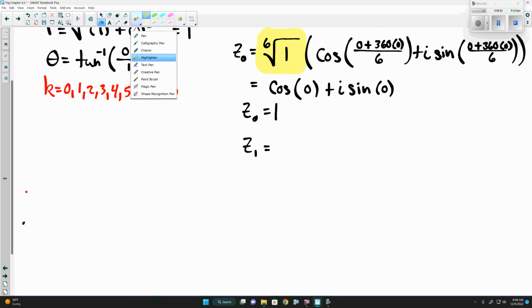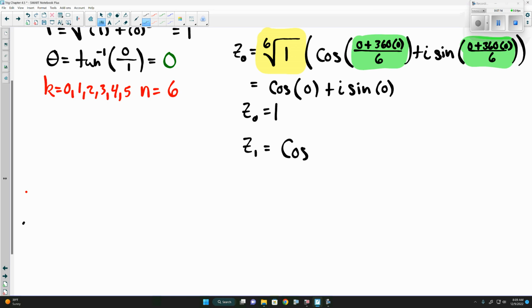Now, when we look at this here, for certain, we know that both of these are going to be the same, yes? Is 0 adding anything to this, our initial angle? Well, no, it's 0. So really what I'm left with in both of these cases is cosine of 360 times k over n.